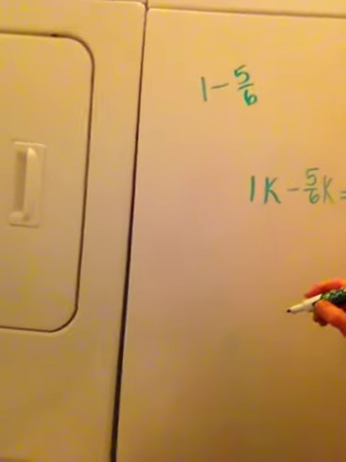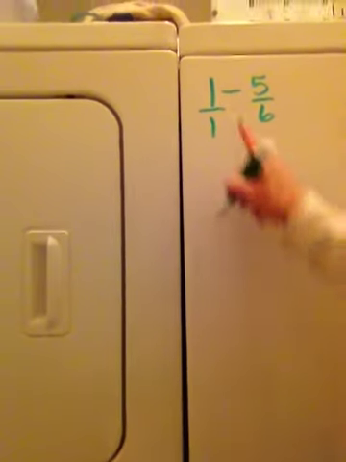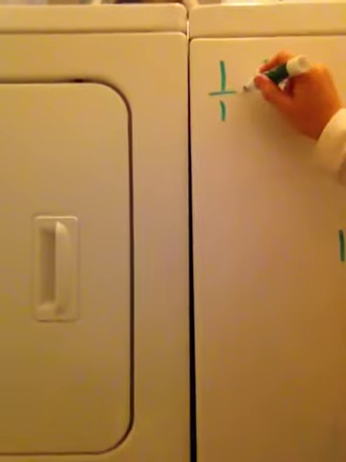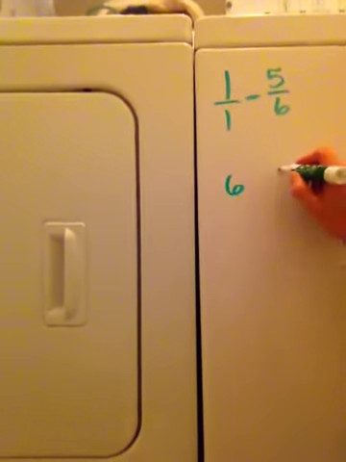And then this is just like our 5/6. I'm going to write it over here so I can actually work it straight instead of on an angle. So this is basically over 1. So we need to get a common denominator because I can't subtract fractions without a common denominator. So I'm going to use 6.